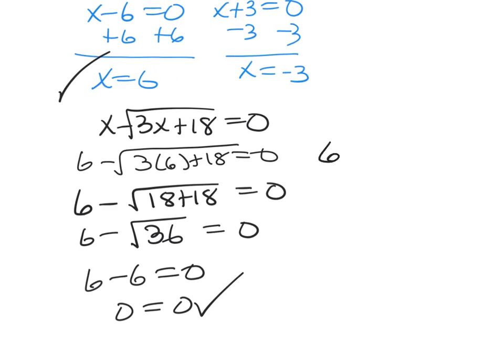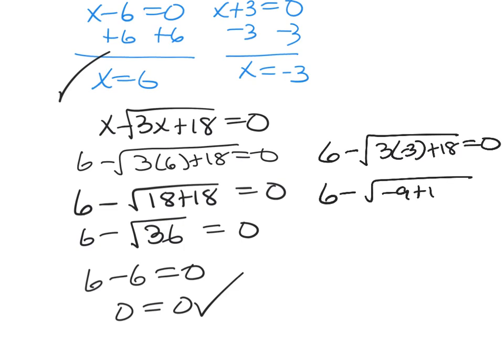So 6 minus 3, 3 times negative 3 plus 18. 6 minus negative 9 plus 18. I did this wrong.